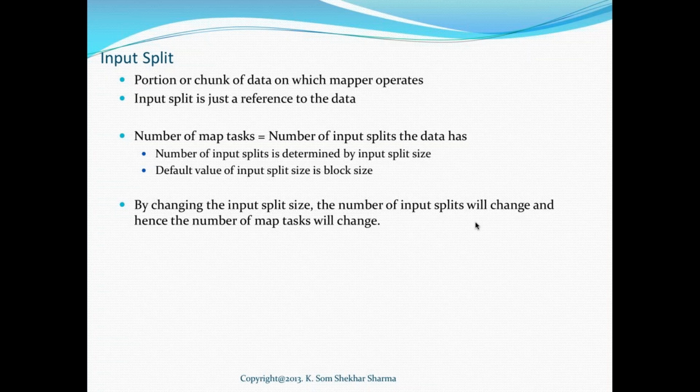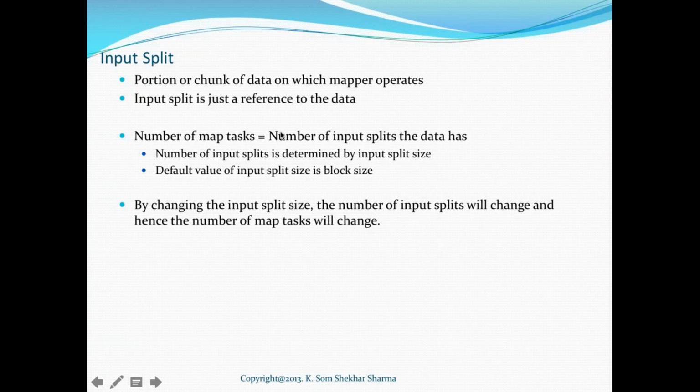The word typically means that you have the flexibility to change the amount of data that each map task is going to process. The default nature is that each map task processes a block of data, but you can always change the amount of data that each map task is going to process. Now let us talk about that.